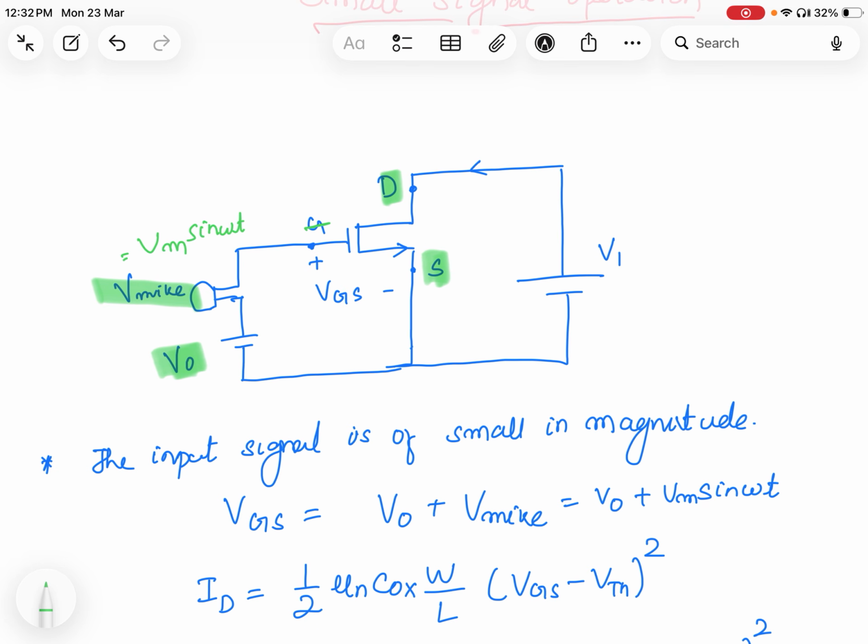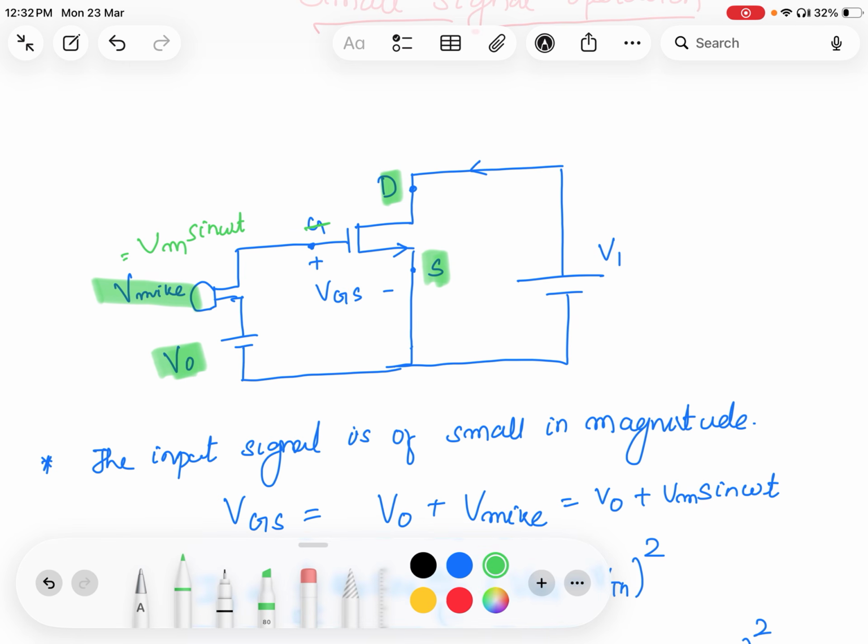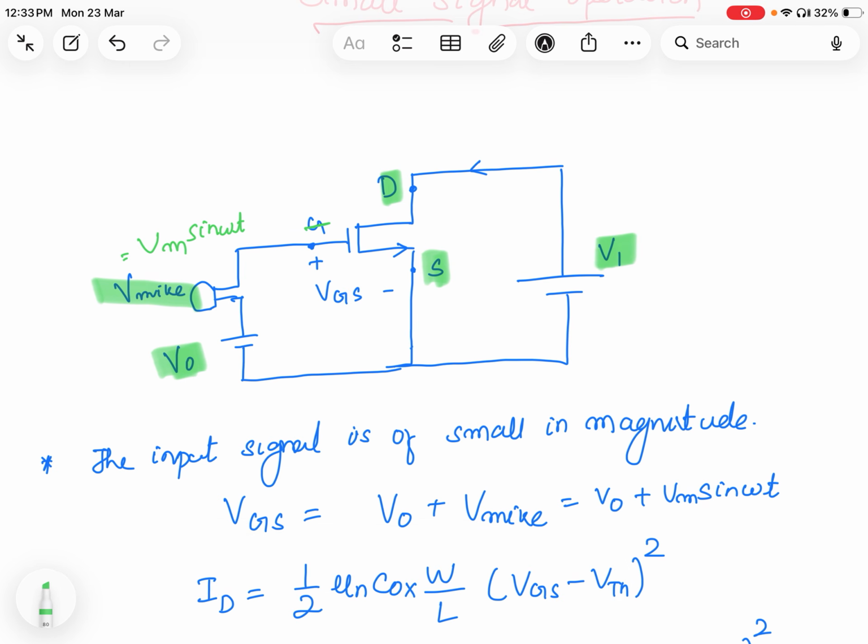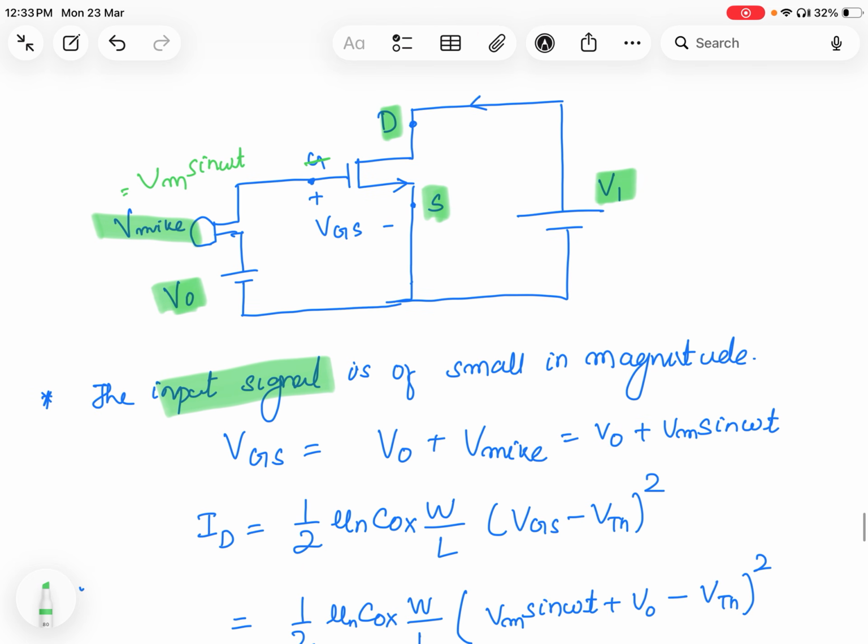This Vm, the maximum value of the signal, is very small compared to V0. Along with that, at the drain side, we are providing a voltage of V1. As I told before, the input signal is small in magnitude, that means Vm is very much less than V0.